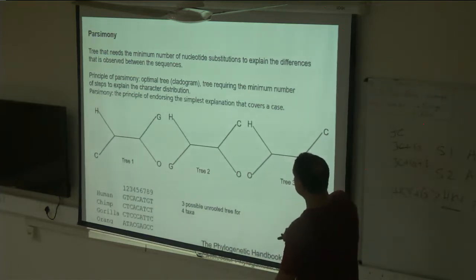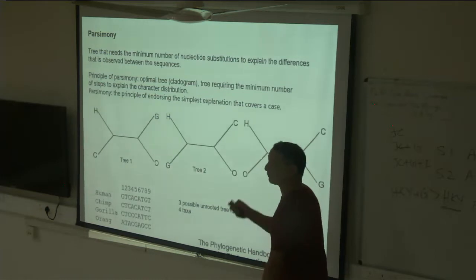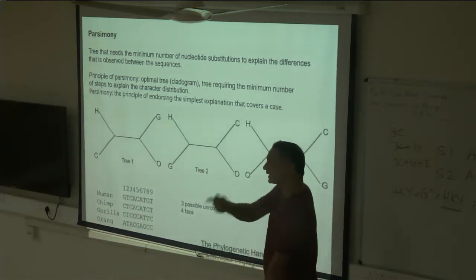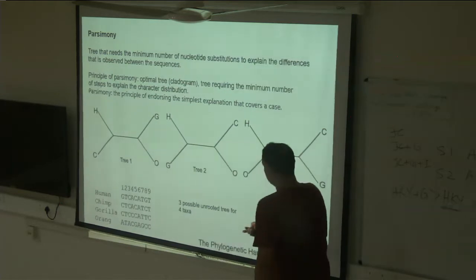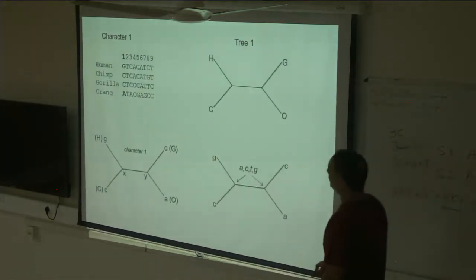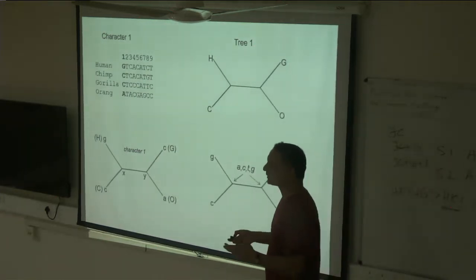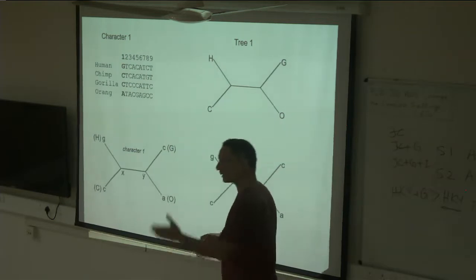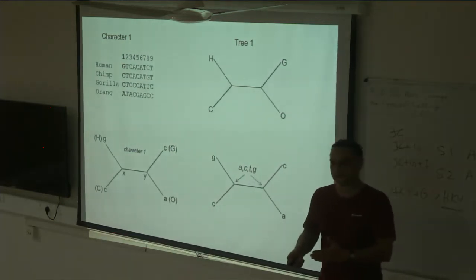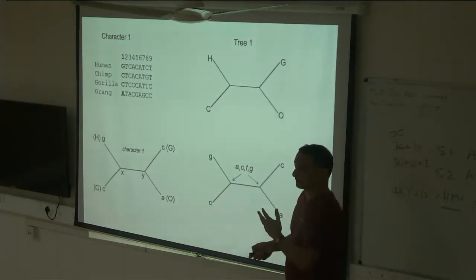Okay, now which among these three trees is the optimal tree, the most parsimonious tree? How do we do that? We've already done parsimony, but let me walk you through this. The best way to determine the tree length is to go step by step for every site, and do that for all three trees.